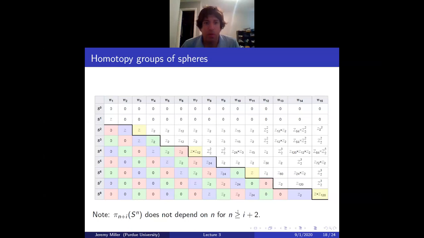If you asked me to rigorously prove that pi_6 of S^2 is Z mod 12, I feel like I could read a proof in under 3 hours, maybe. But I could not on the fly tell you how to compute that. Or given 3 hours and not the internet, I would not be able to tell you how to do that. I don't know. Hopefully that answers your question.